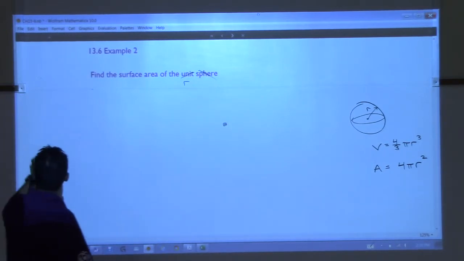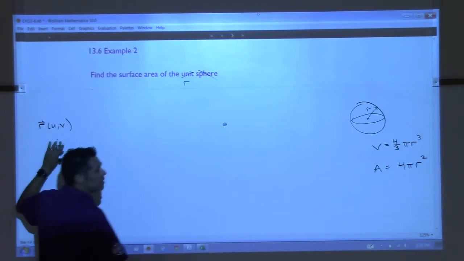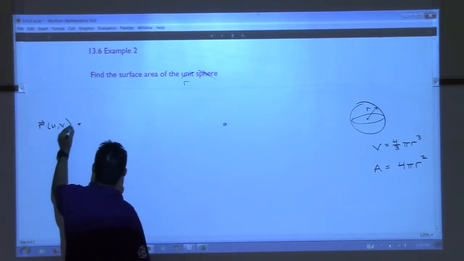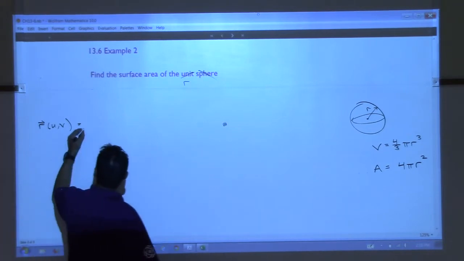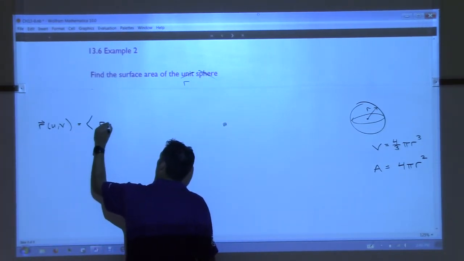Okay, so here's what we're going to do. First, let's draw the sphere. So we're going to draw the sphere with the vector function. And the vector function is going to change a little bit. It's what we were just using, but we need to somehow incorporate the radius into it. So the only way it's going to change is that I'm going to have r, what did we do first?